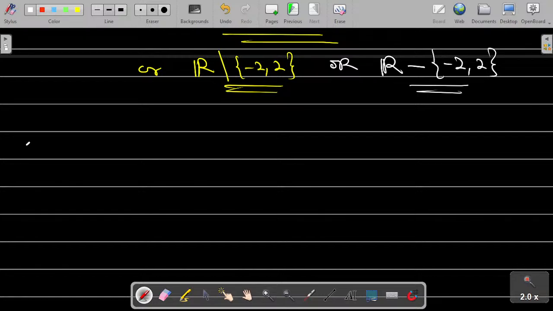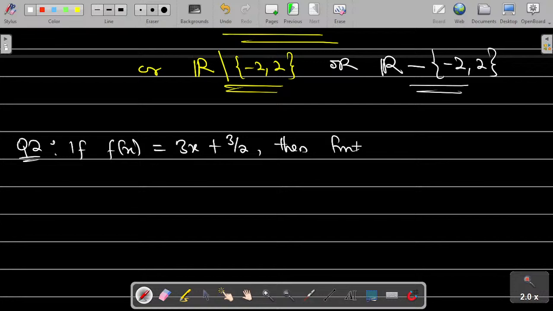And so we go to question 2. I like to use Q2. Q2 says, if f of x is equal to 3x plus 3 over 2, then find the inverse of f.